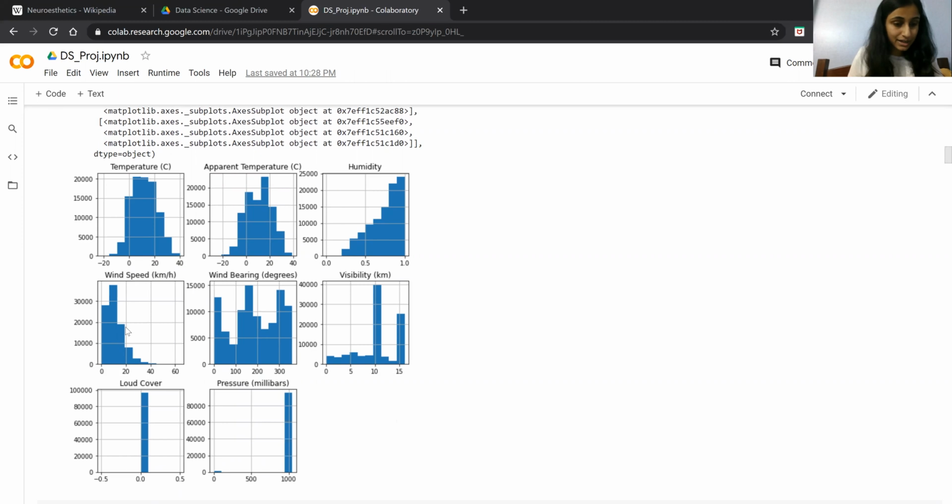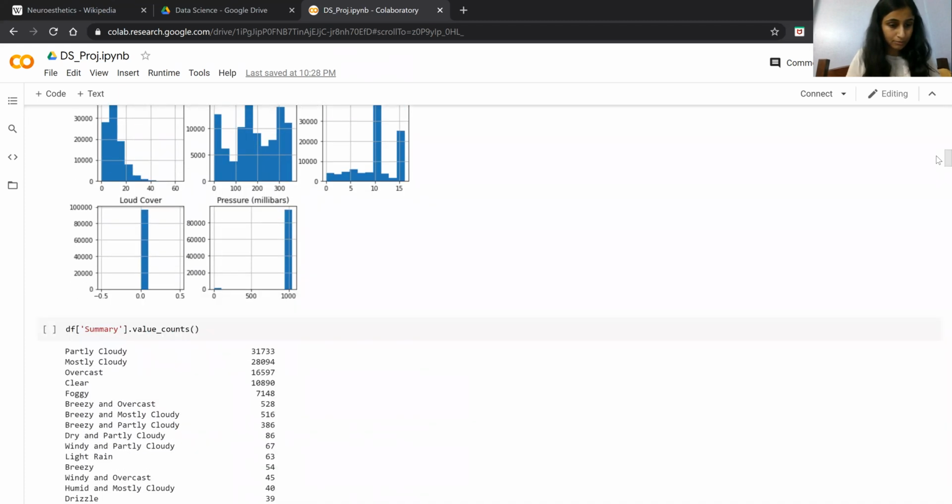Wind speed is a right skewed distribution. Temperature and apparent temperature are normally distributed, that is, we find an equal number of data points on either side. Temperature, apparent temperature, and wind bearing degrees are all normally distributed.